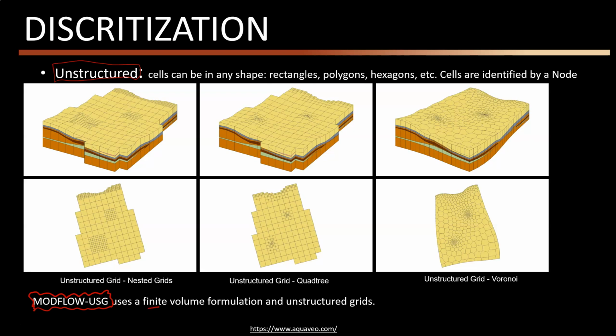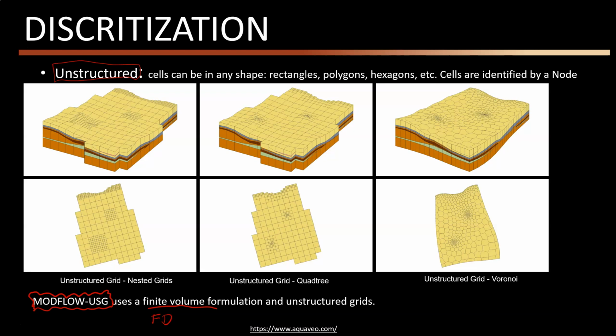This system uses a finite volume formulation instead of finite difference, which was used in the structured, traditional groundwater models, and it has very good advantages that we are going to talk about later.